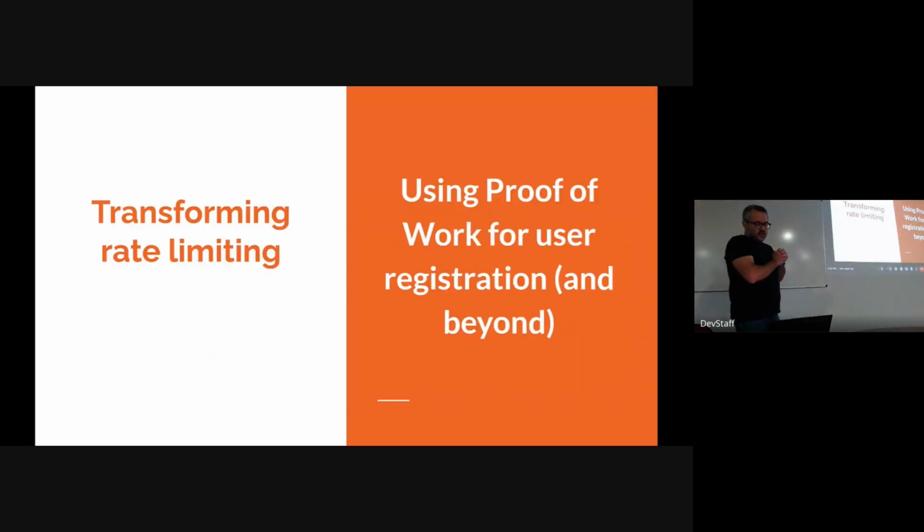Now, let's first talk about rate limiting. As the name suggests, these are a form of cryptographic proof. These are a little bit like client puzzles. You can think of them that you present him with a puzzle and then you ask him to solve it.